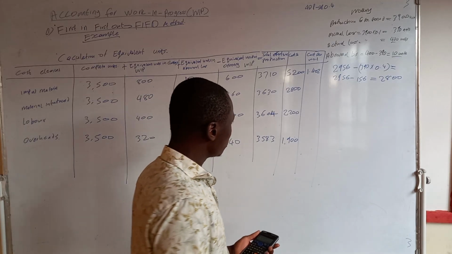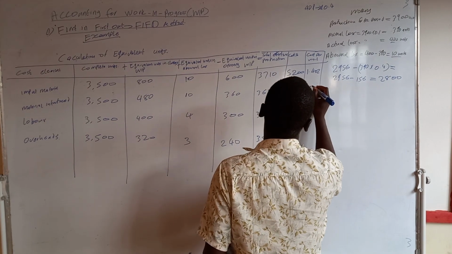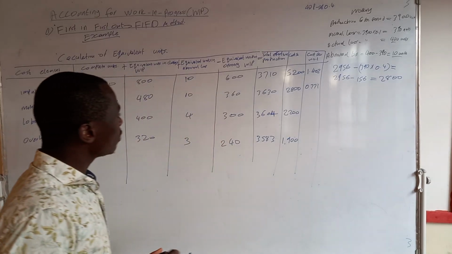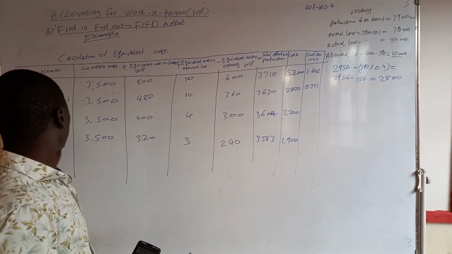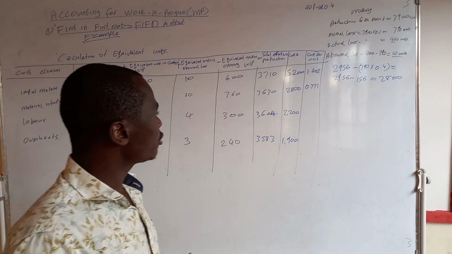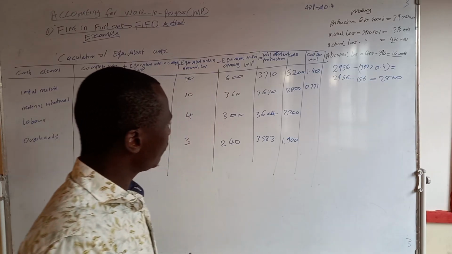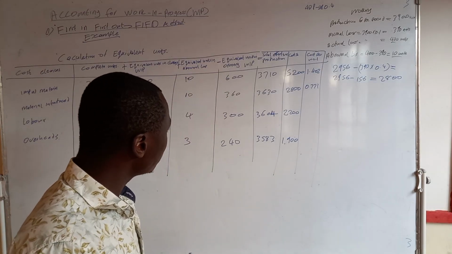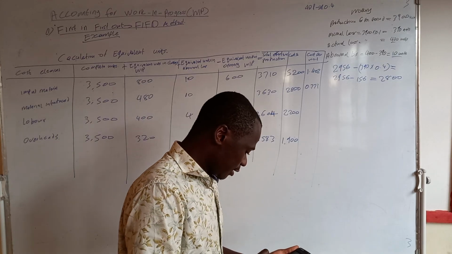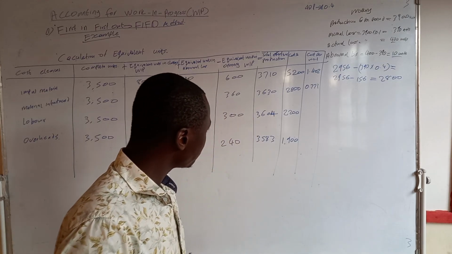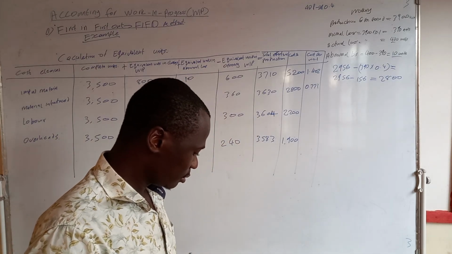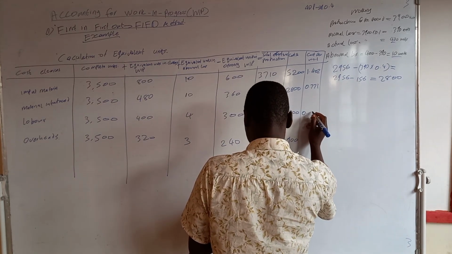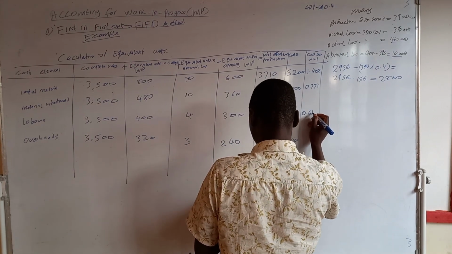You get 0.771. Now, labor. The rate of labor per unit is 2,200 divided by 3,604. This gives us 0.61.